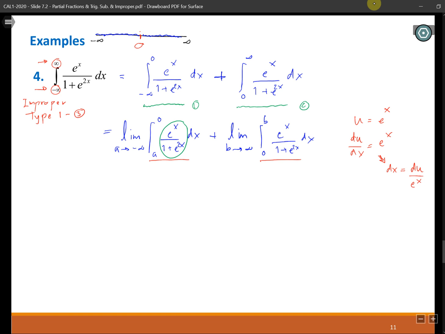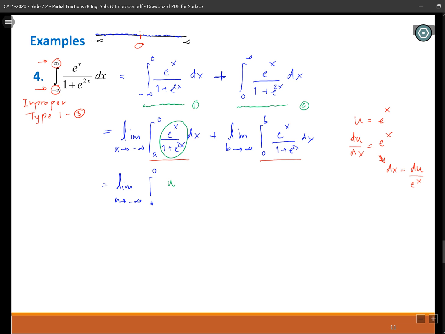So what do we have here? It's going to be a lot of writing. So limit of a goes to minus infinity, a to 0, just the same. But here we substitute u equal to e to the power of x. So this becomes u.